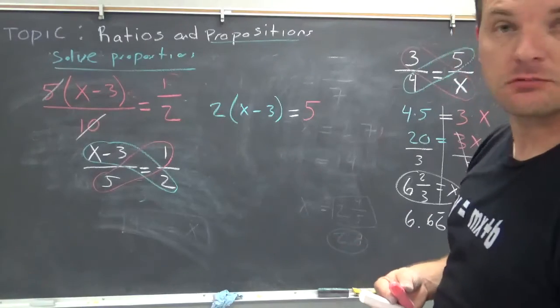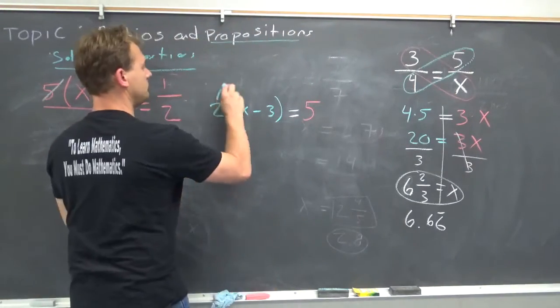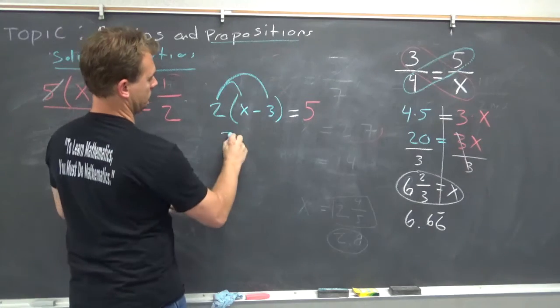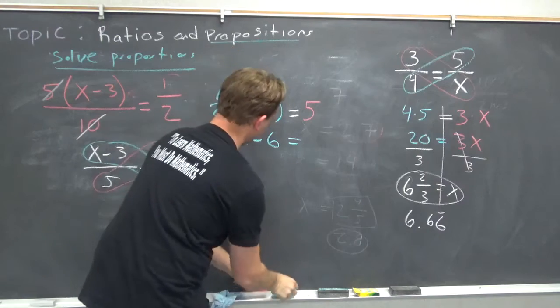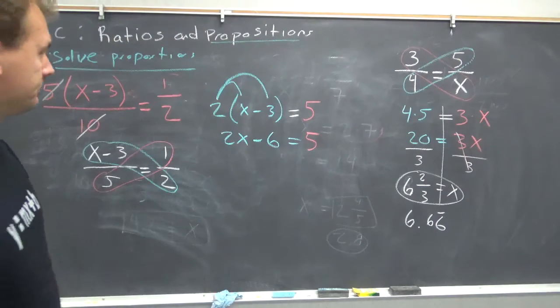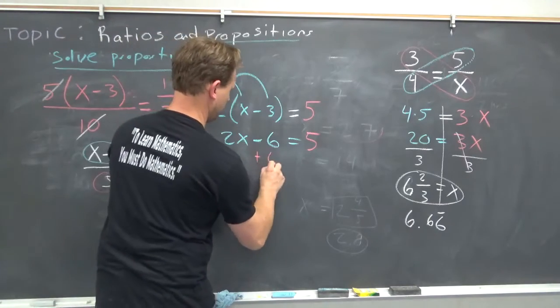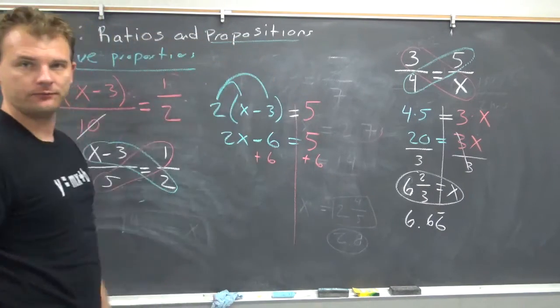Now, just distribute. Add 6, and we're working the thing down.